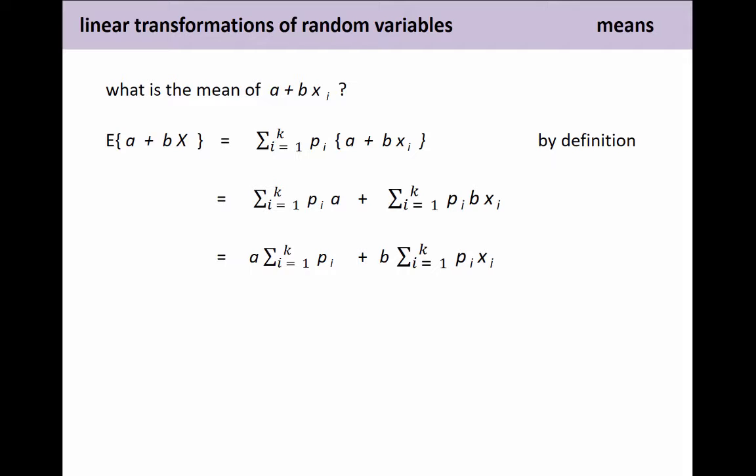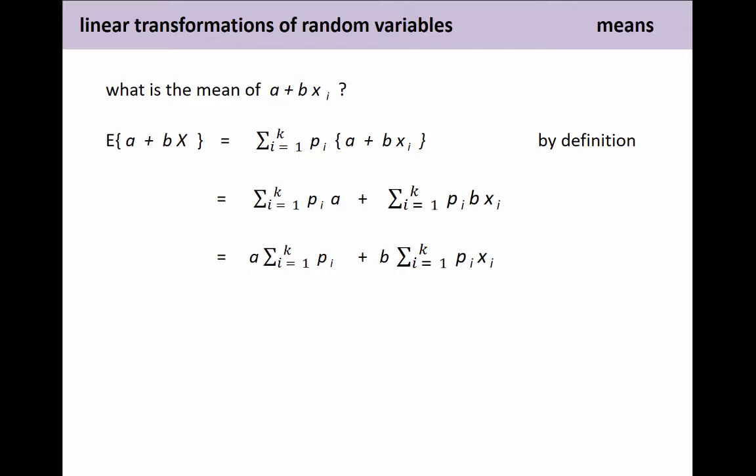And we can do the same sort of algebra on the second summation. Again, the b is a constant, so it can be written as multiplying the sum of the p sub i x sub i by b once. Now if we take a look at what we've written here, one of the things we're going to do at this point essentially is some recognition.